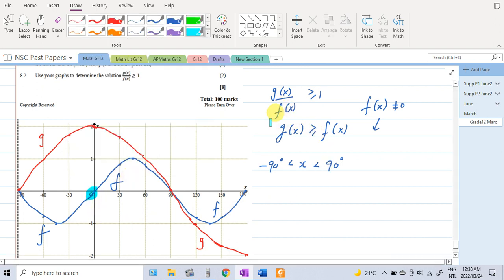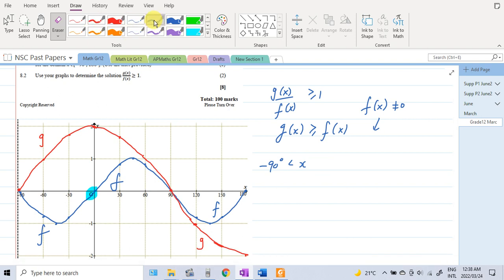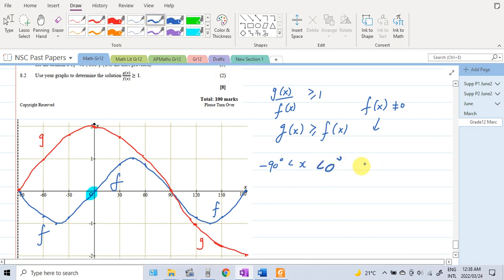It has to be minus 90 to 0, so x should be less than 0 degrees, or 0 degrees less than x is less than 90 degrees. Yeah, so you can't include any x-intercepts of f, because at the x-intercepts the y values will be equal. We don't want that.